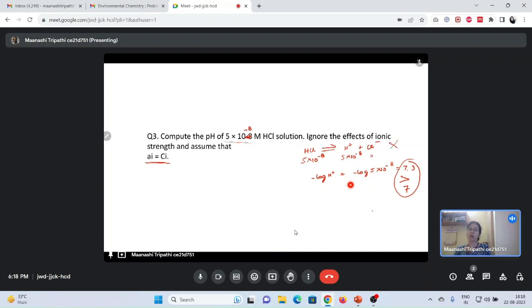Whatever the molar concentration of the acid is, the pH will always be less than 7, because that is why it is an acid, right? So when the molar concentration is very low, we need to take the dissociation of water as well. So apart from this equation, we need to take the dissociation of water as well.